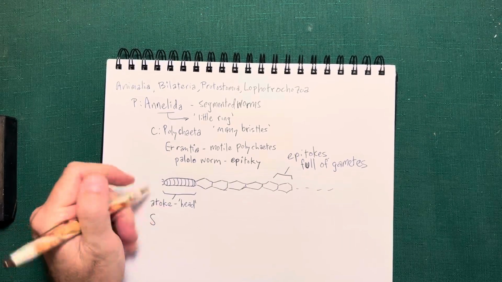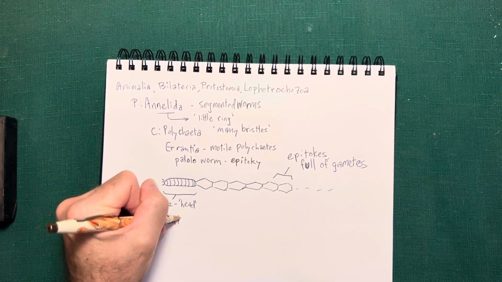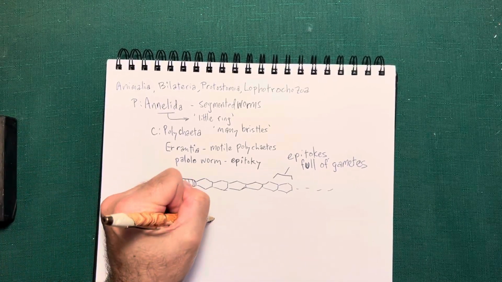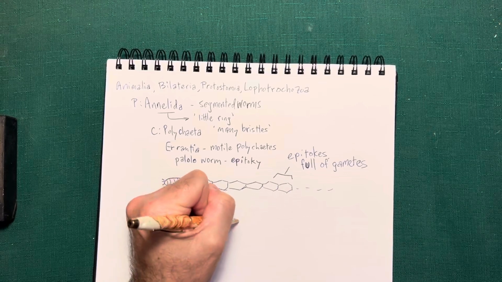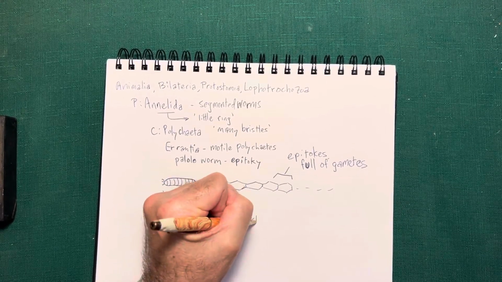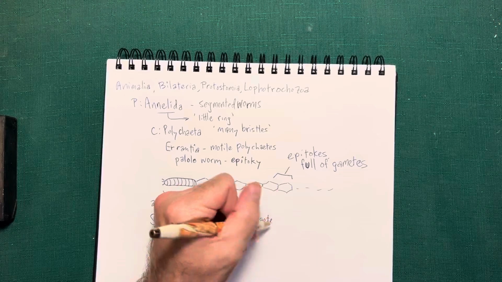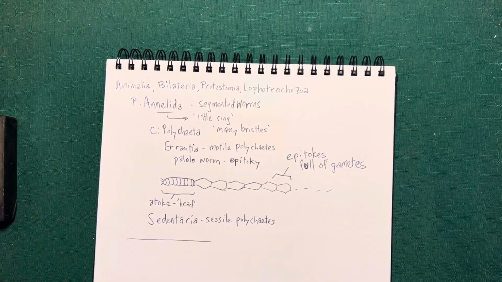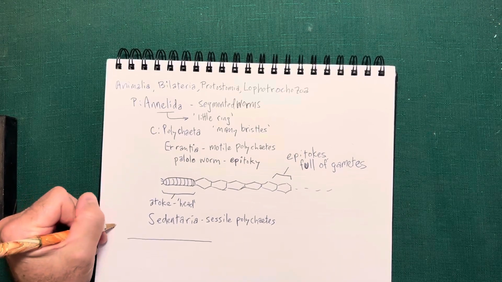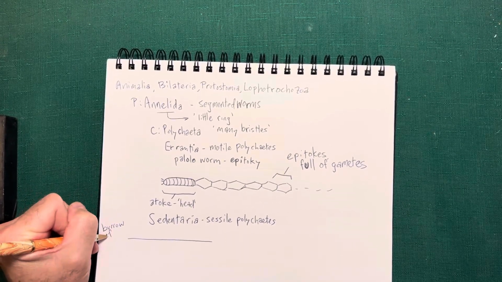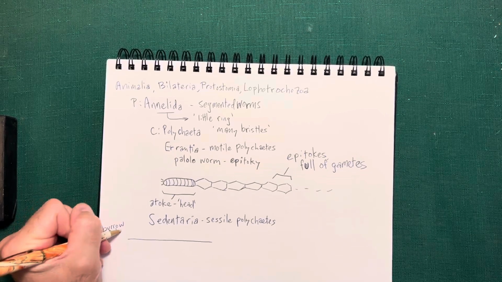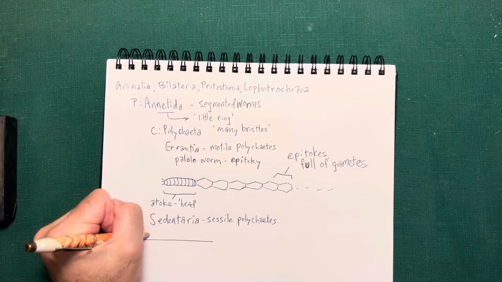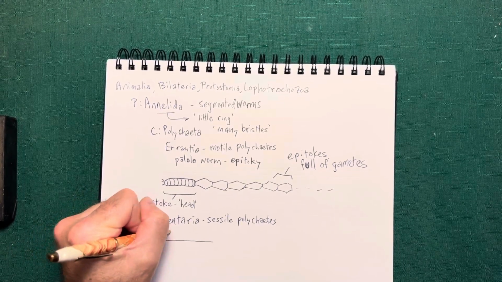We also have the Sedentaria, which are sessile or not moving polychaetes. So one example, and I'm going to draw the burrow of a lugworm. Lugworm is in the genus Arenicola.